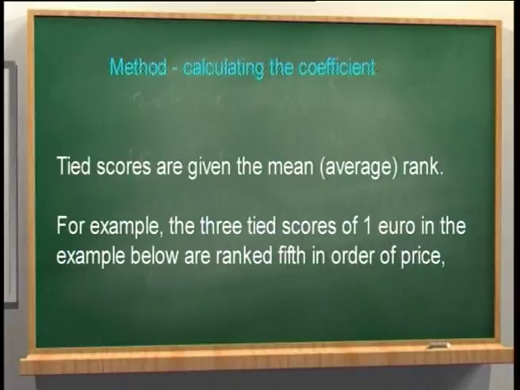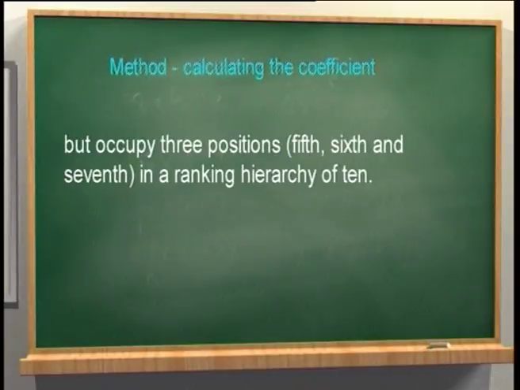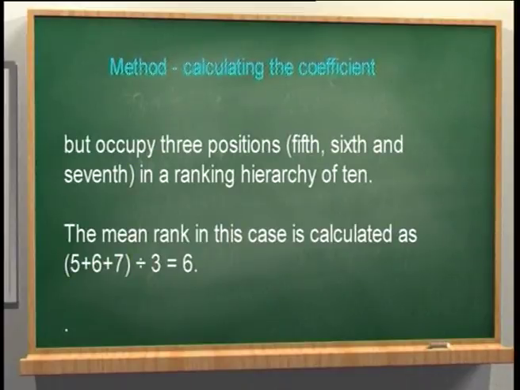For example, the 3 tied scores of €1 in the example below are ranked 5th in order of price, but occupy 3 positions, that is 5th, 6th and 7th in a ranking hierarchy of 10. The mean rank in this case is calculated as 5 plus 6 plus 7 divided by 3, that is 6.